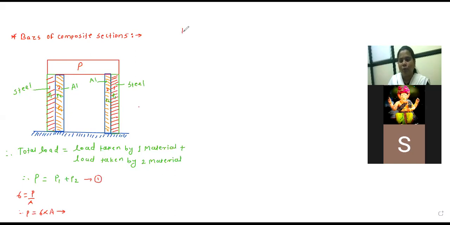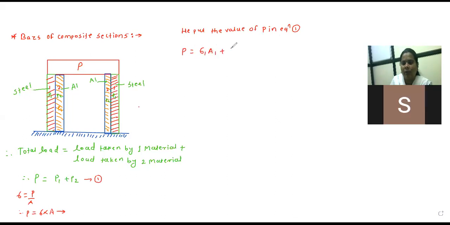We put the value of P in equation 1. After putting P, which is equal to sigma 1 A1 plus sigma 2 A2, this equation we got.